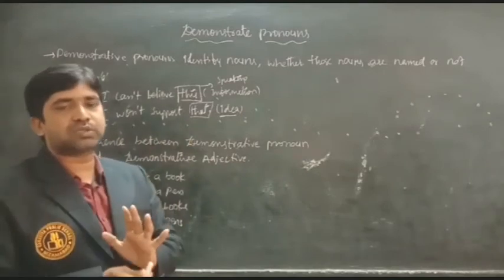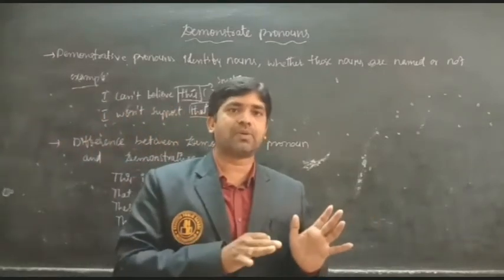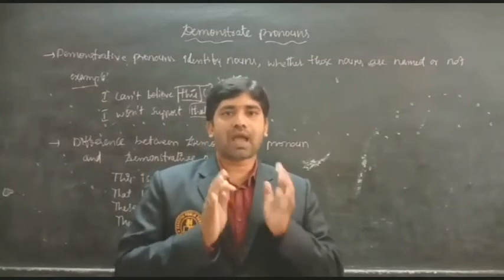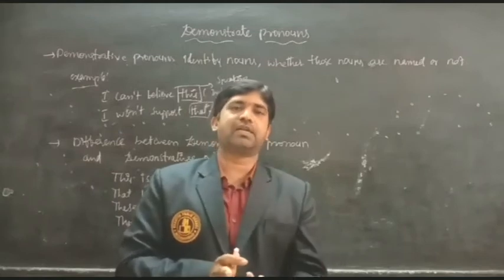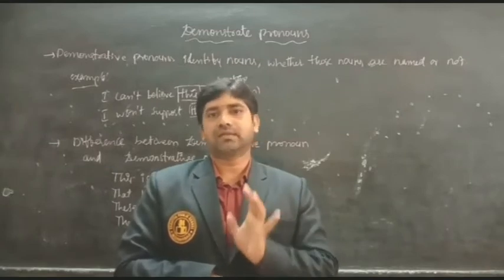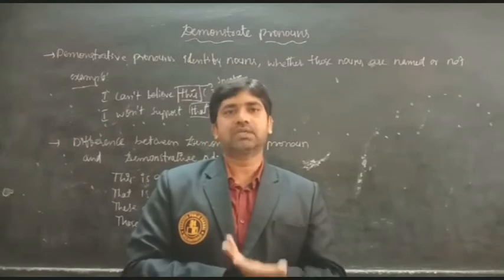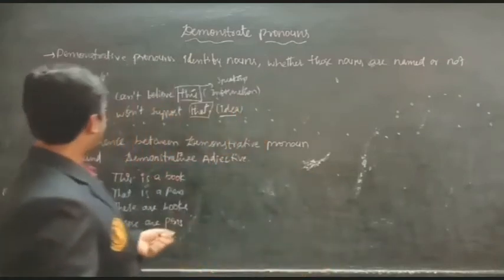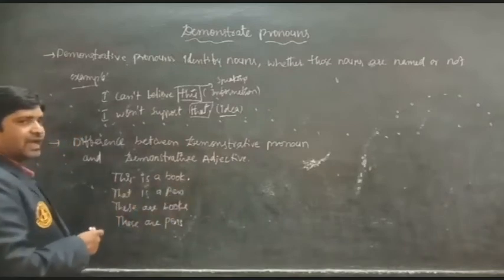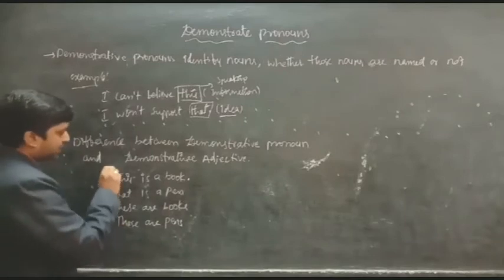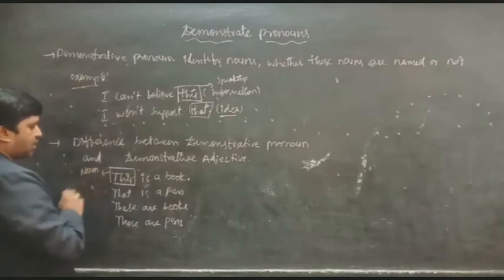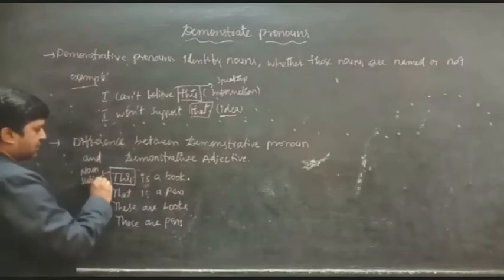Here, don't confuse how to use demonstrative pronouns and how to use demonstrative adjectives. They look the same. In both demonstrative adjectives and demonstrative pronouns, we are using this, that, these, those. But how to use them? Just have a look. Here, this is a book. This is a sentence, and here we are saying that this is a book. Here we are using this in place of a noun.